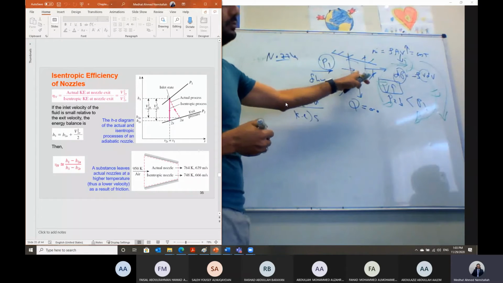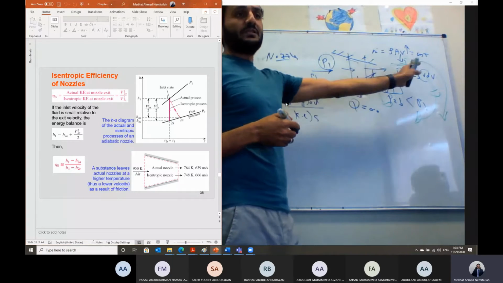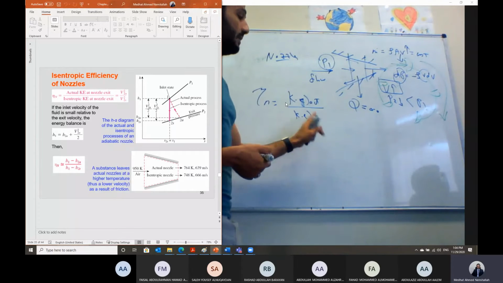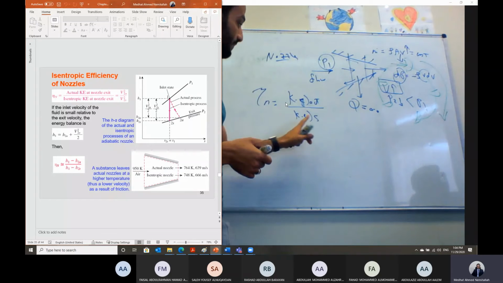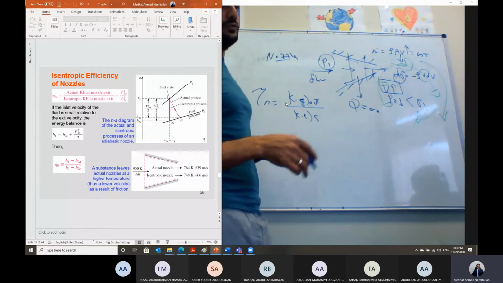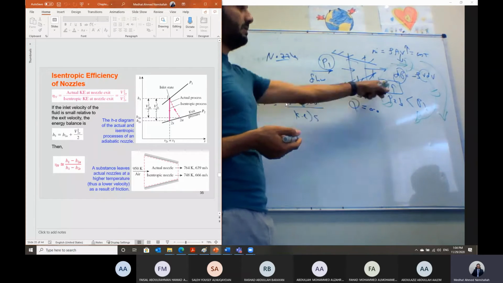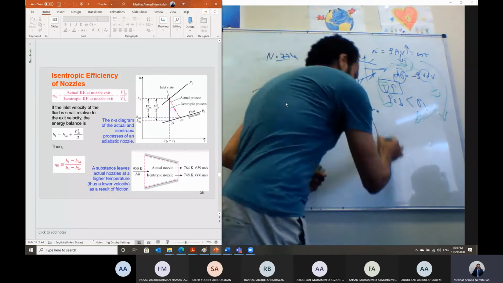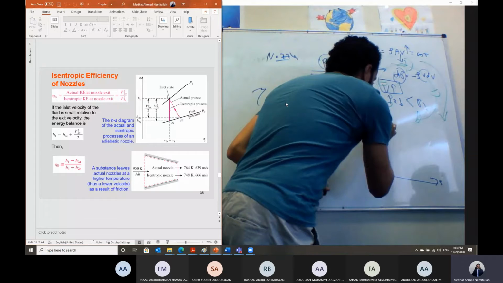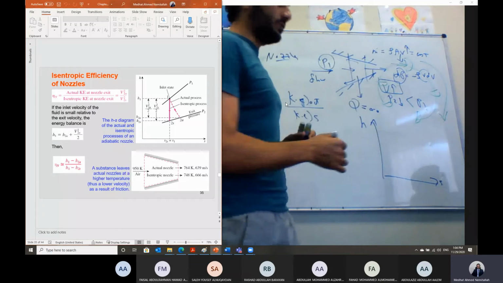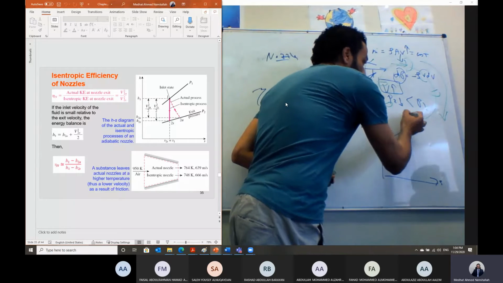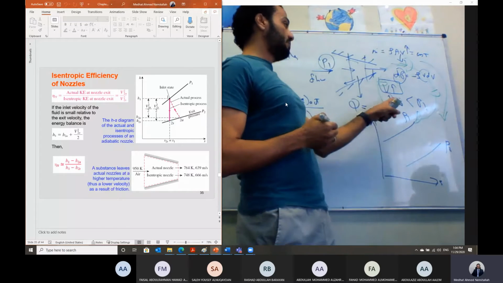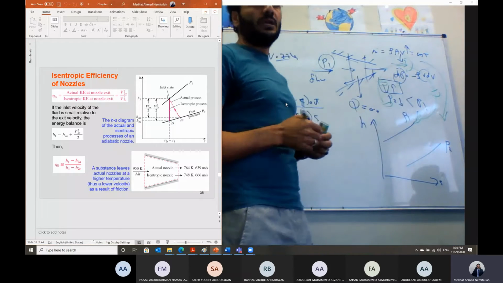And if we assume we don't have any losses, that means the exit velocity will be higher. In this case, the kinetic energy, we call it the isentropic kinetic energy at the exit, or the maximum kinetic energy that can be obtained if the process of expansion is isentropic. But if we look at the T-s diagram for this expansion process inside the nozzle, from high pressure P1 to a low pressure P2, as we said, the pressure is reduced because the velocity is increased.